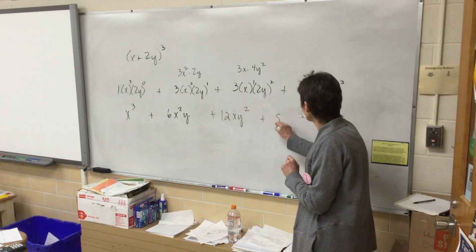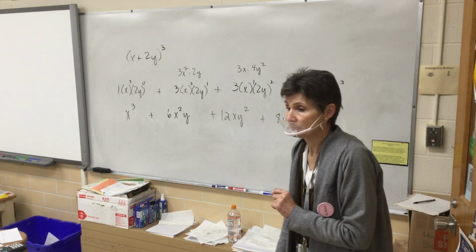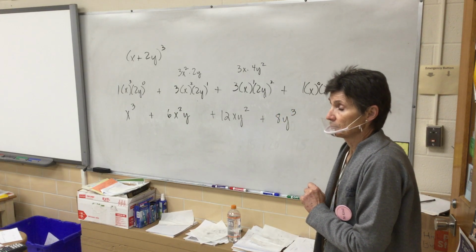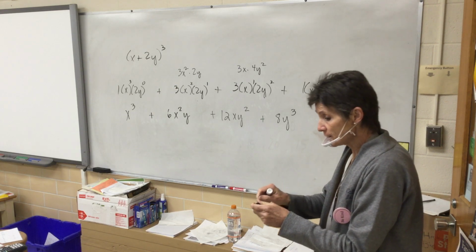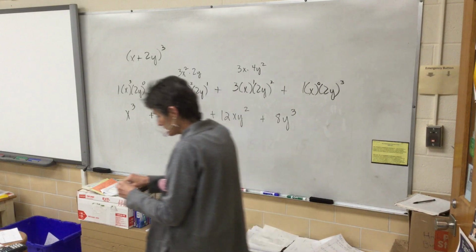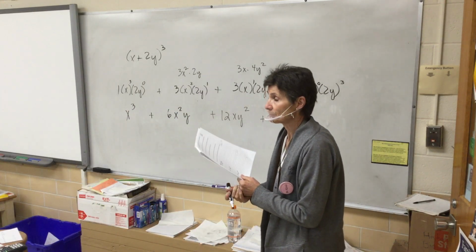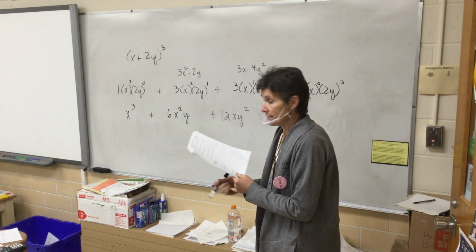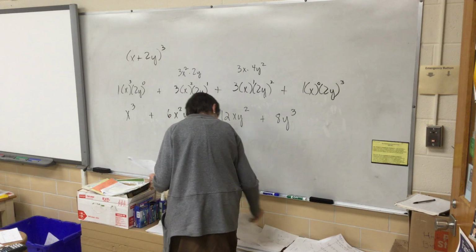So that last term is going to be 8y cubed. The hardest part about that is probably the simplification. All right, here we go. See how far you can get with the next one.